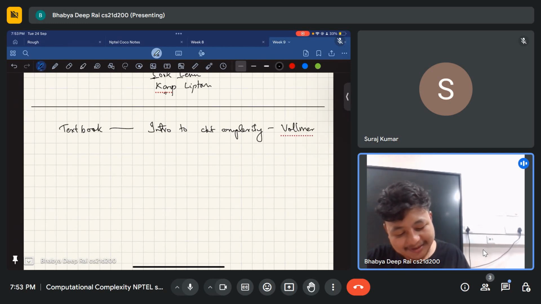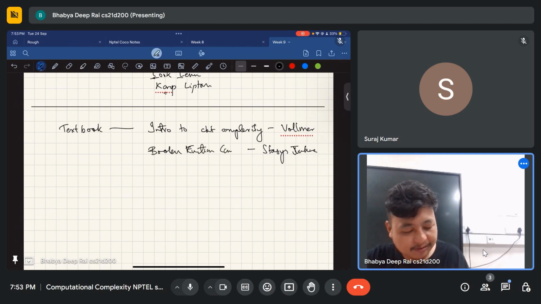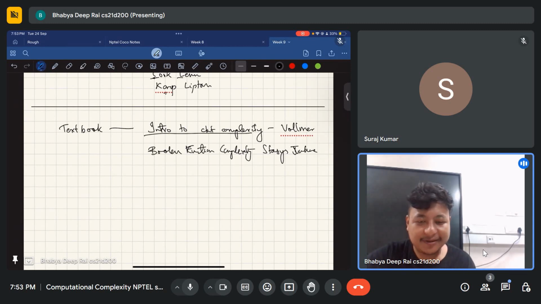This is simpler than another one by Stasys Jukna, which is Boolean Function Complexity. But definitely this Introduction to Circuit Complexity is simpler than the Jukna book.